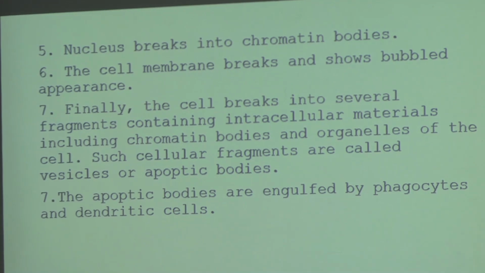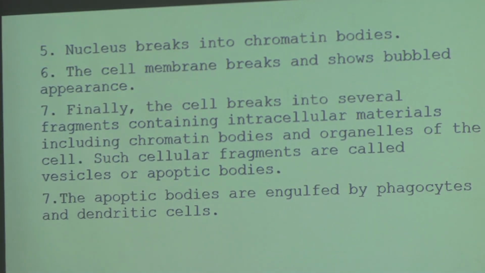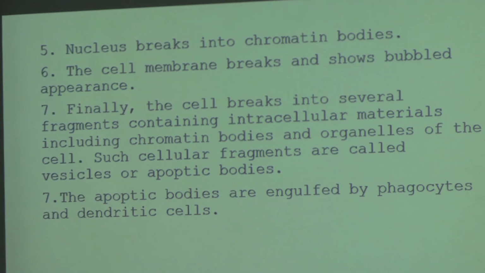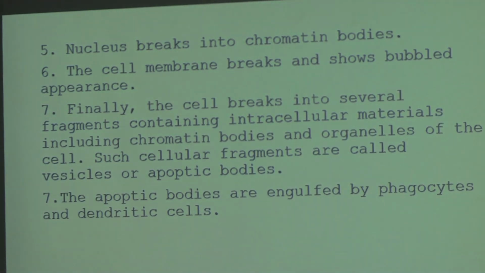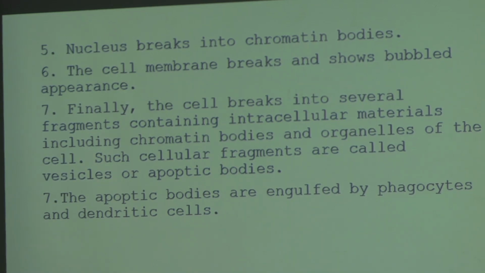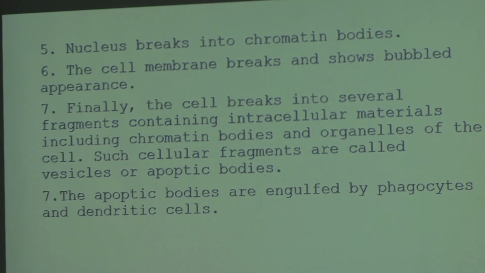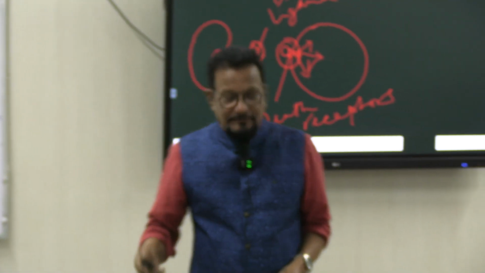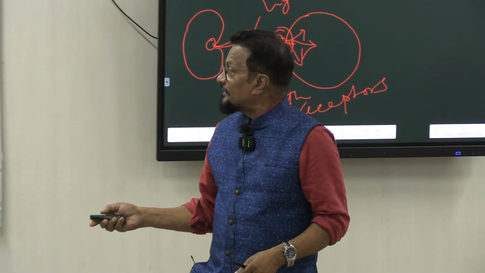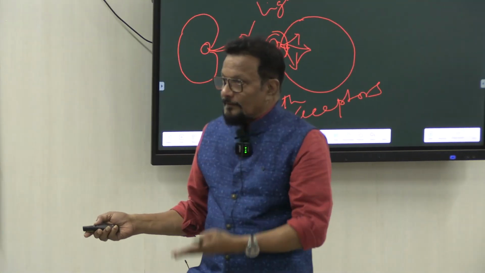The cell membrane breaks into pieces. Finally, some contents of the cell and some part of the membrane come together and form a vesicle. These are apoptotic vesicles, and they will undergo phagocytosis, ending the life of the cell. Is that clear? Take a photograph of this first. These are the gradual stages.